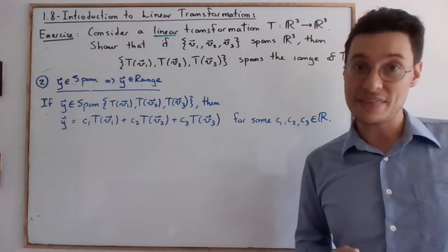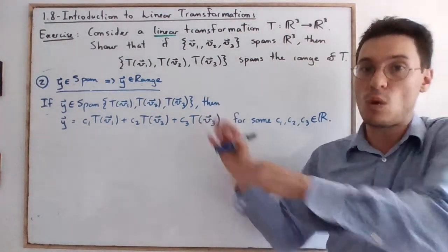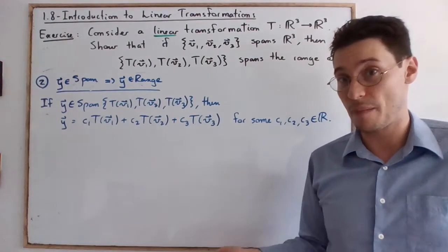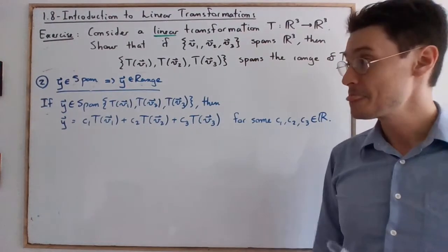That is because we know that y is in the span, so y is a linear combination of these three vectors.